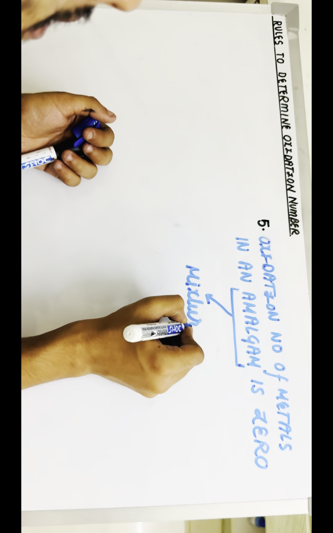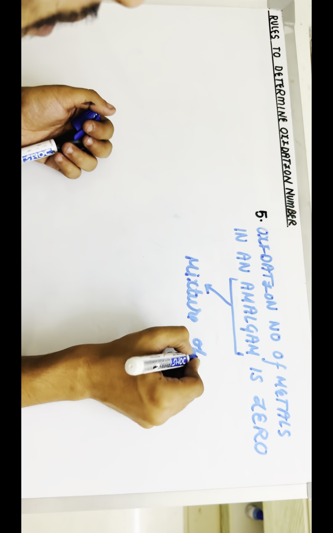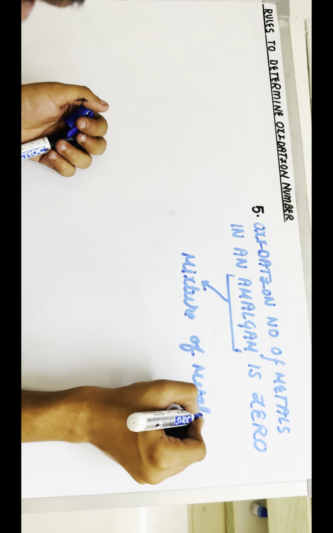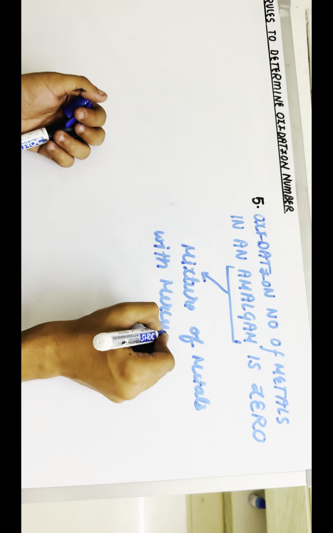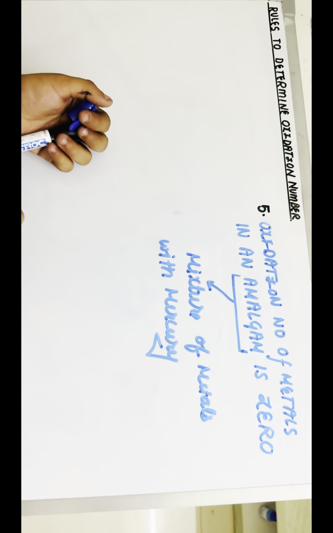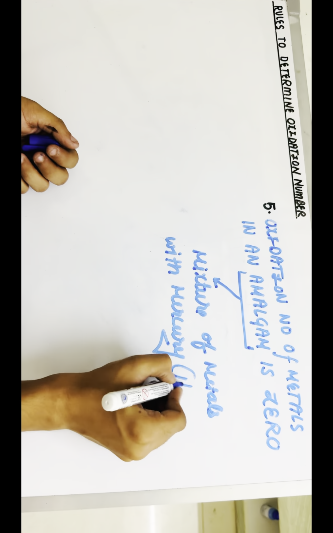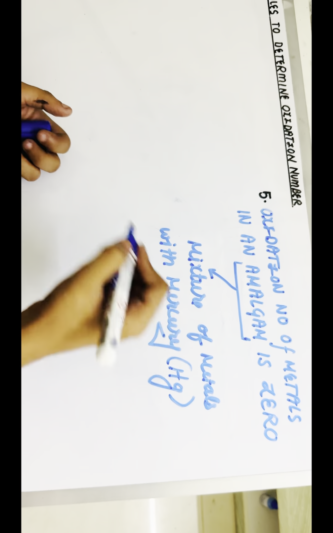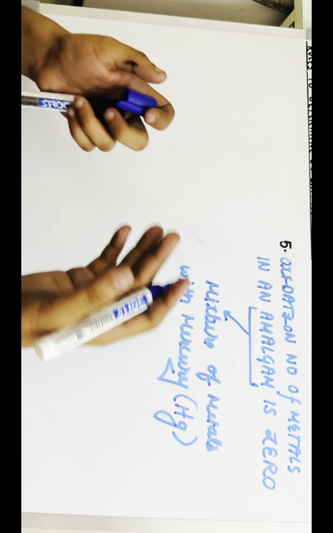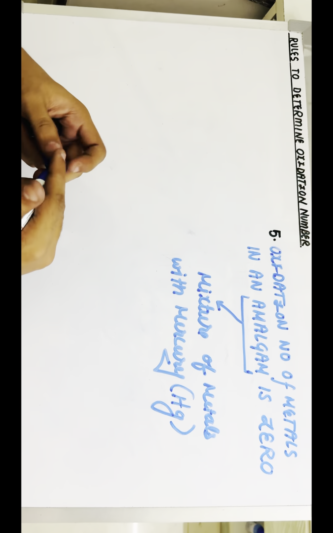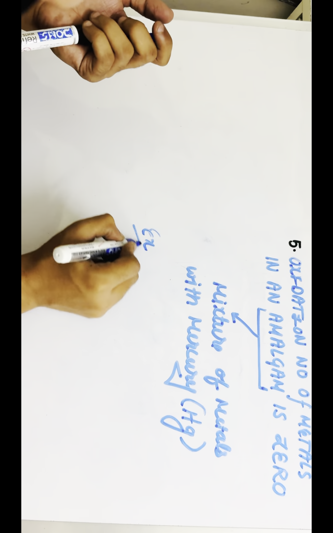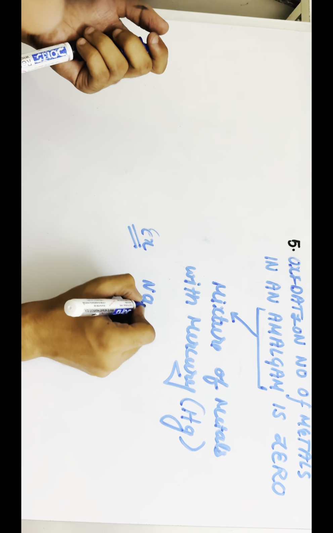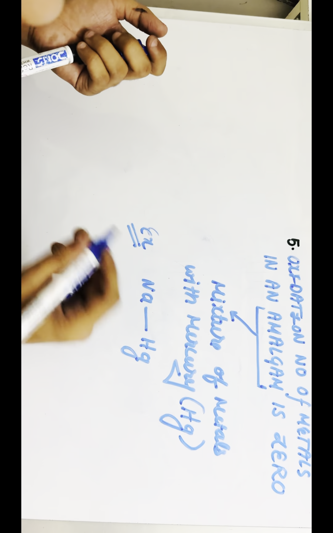Basically it is a mixture of metals with mercury. If any metal is connected with mercury, whose symbol is Hg, then we consider it an amalgam, and the oxidation number of the metal in an amalgam is 0. So for example, NaHg.